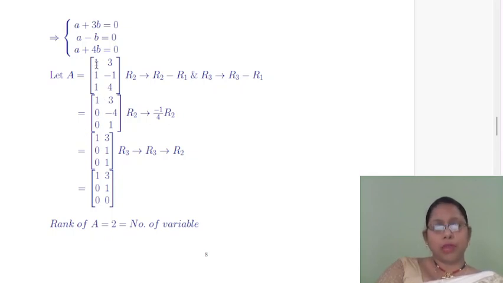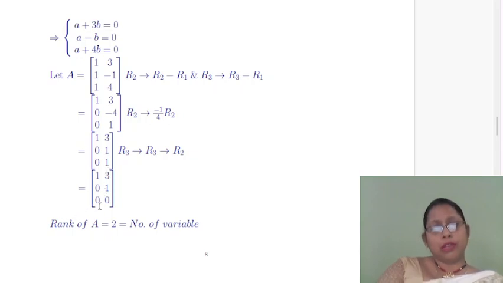Then find the rank by the echelon method. First make this element 1, which here is already 1. Then make all the remaining elements below this column 0 with the help of proper row transformations. Next, make this element 1.